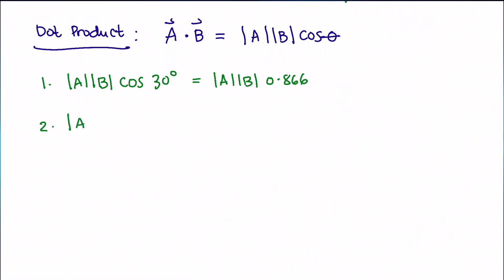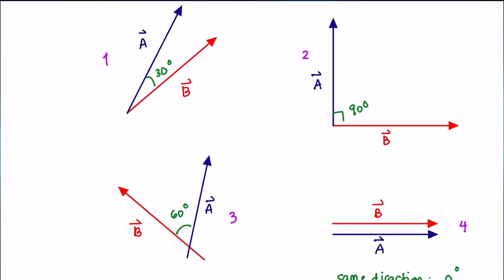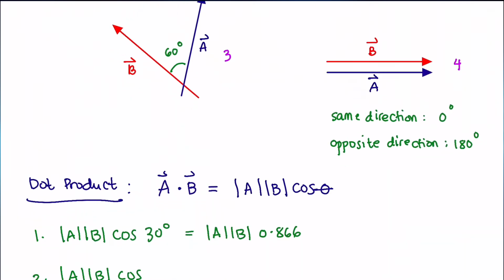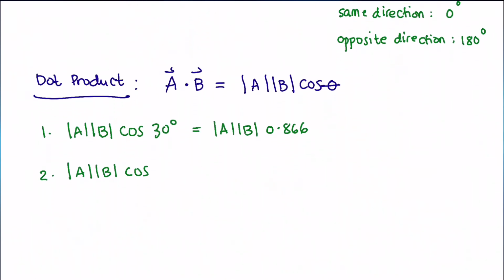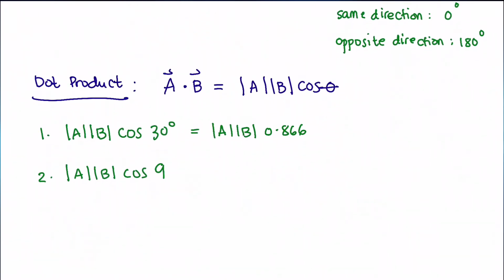Similarly, we have the magnitude of vector a multiplied by the magnitude of vector b, cosine of the angle between the two vectors in the second case, and in this case we have 90 degrees. So then we substitute cosine of 90 degrees into the equation. So we will have a, b, and cosine of 90 degrees is equal to 0.